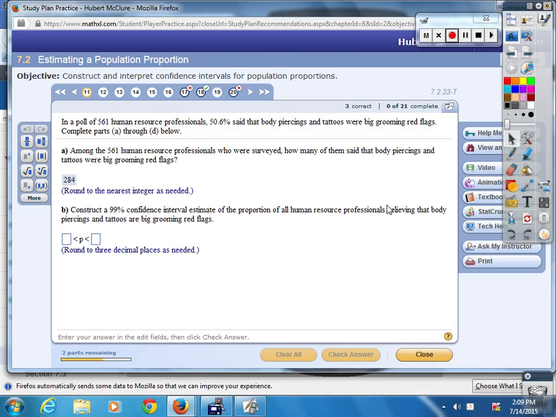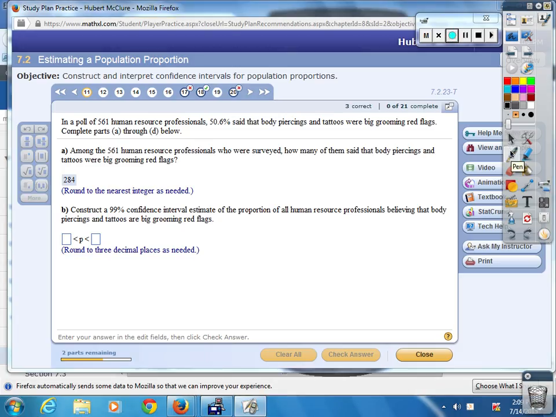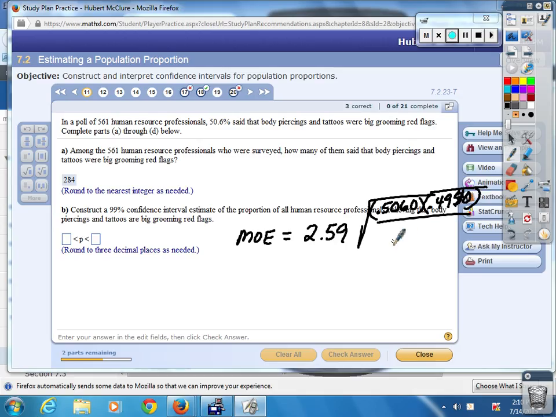All right. For 99%, what is that, 2.58? All right, so we got margin of error is equal to 2.58 times the square root of 0.5060 times 0.4940 over n, which is 561.